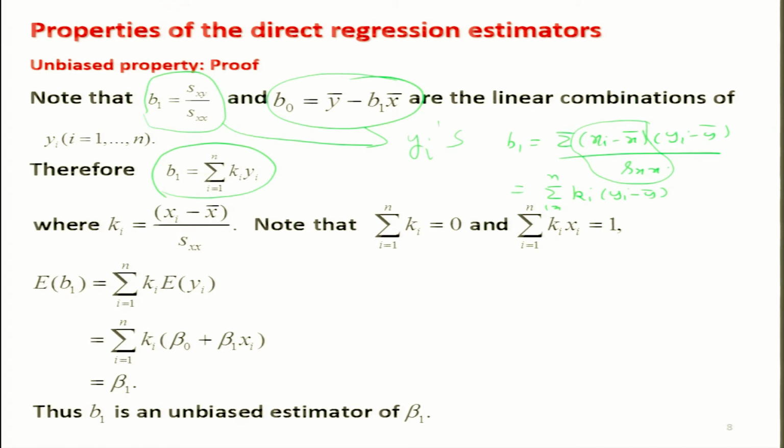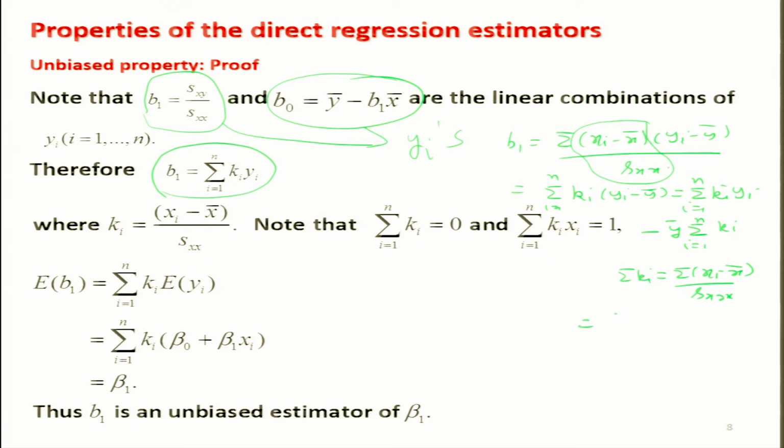And if you try to make it simpler, this will become summation i goes from 1 to n ki yi minus y bar summation i goes from 1 to n ki, right. And summation ki, if you try to see, is summation (xi minus x bar) upon Sxx.